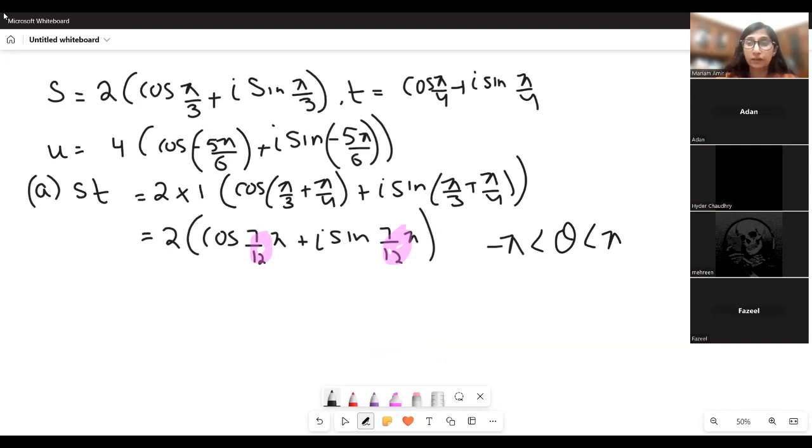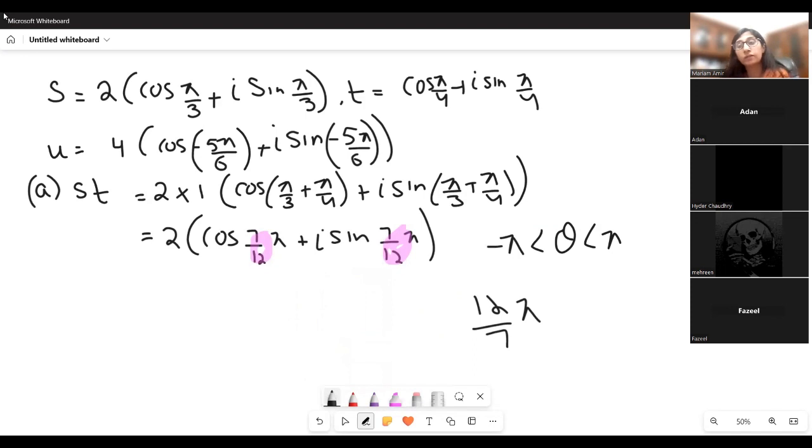It is smaller than pi, not bigger than pi, because it is some fraction of pi, 7 by 12th of pi. So definitely it's smaller than pi. If it were 12 by 7 of pi, then it would be bigger than pi. Okay, so keep this in mind.